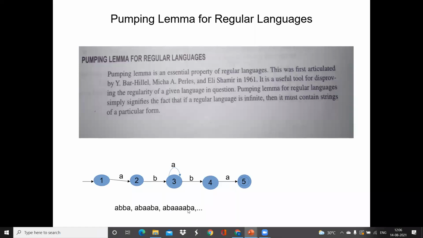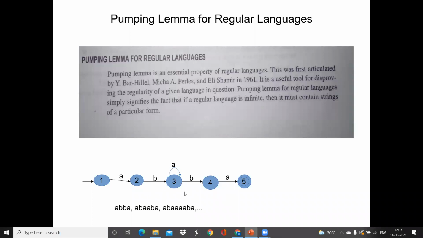So if 8 symbols are there, it means we should have 9 nodes to traverse this string, but we have only, let's say, 5 nodes or 5 states. So it is not feasible, since for 8 symbols we don't have 9 distinct states.